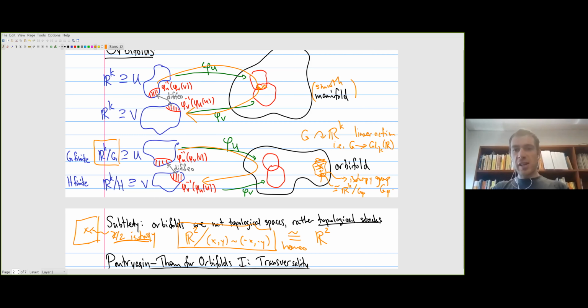So these finite groups are the main thing to deal with when you're thinking about orbifolds.